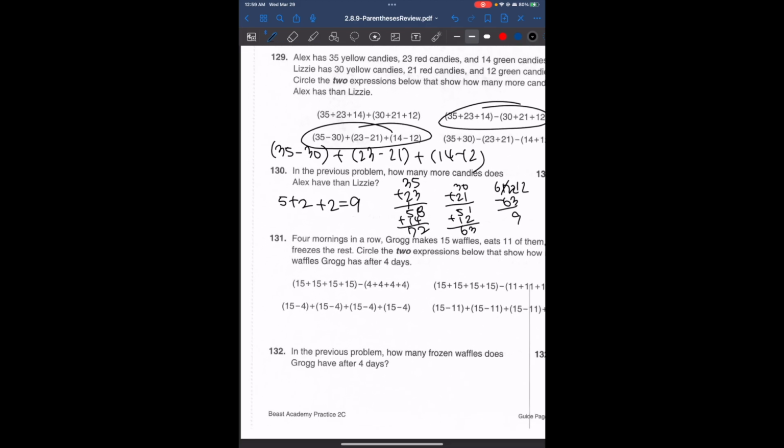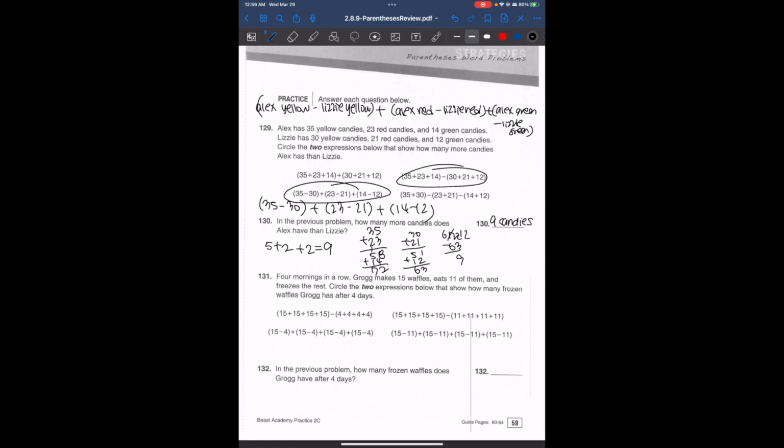Now look at problem 131. 4 mornings in a row, Grog makes 15 waffles, eats 11, and freezes the rest. Circle the two expressions below that show how many frozen waffles Grog has after 4 days. So Grog makes 15, right?